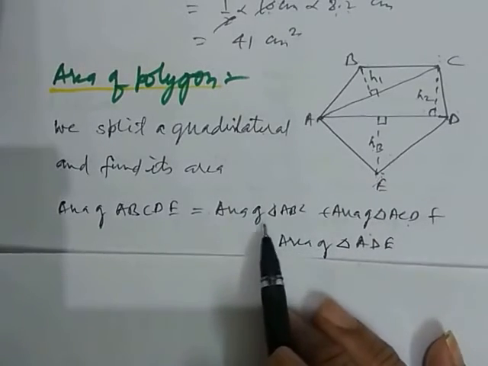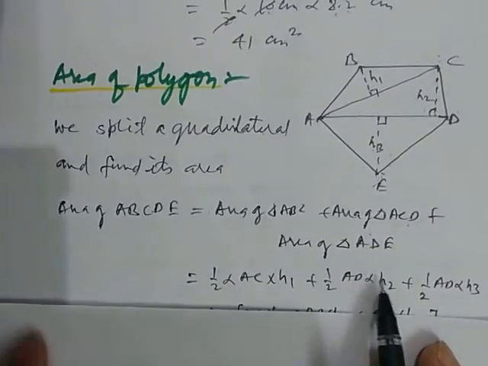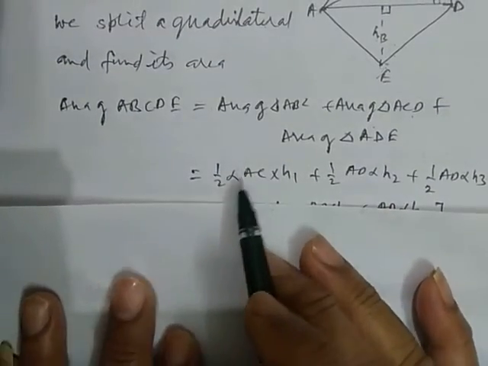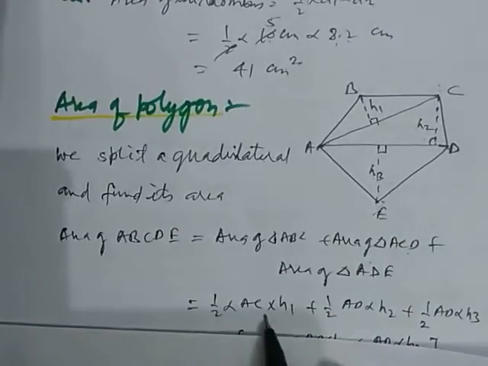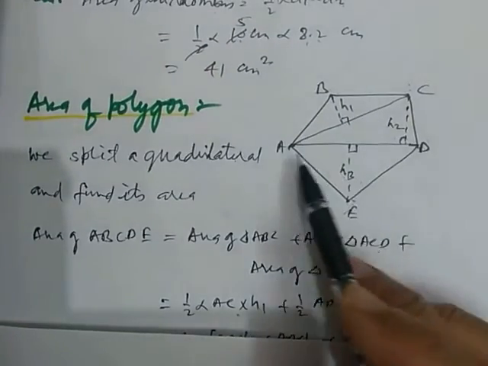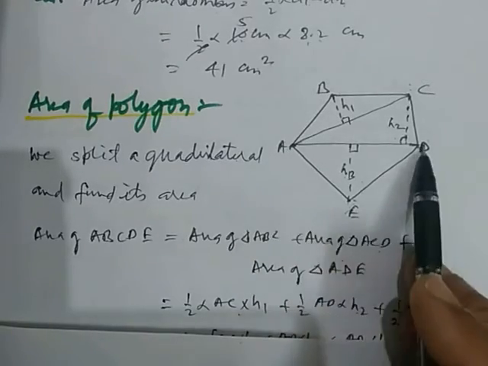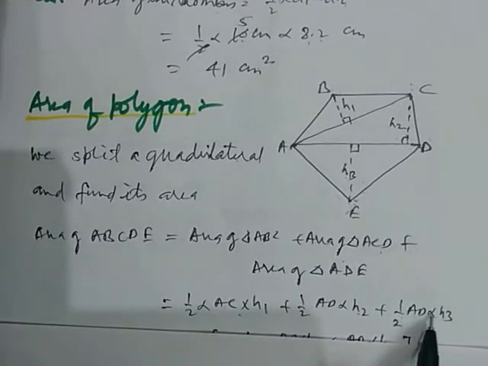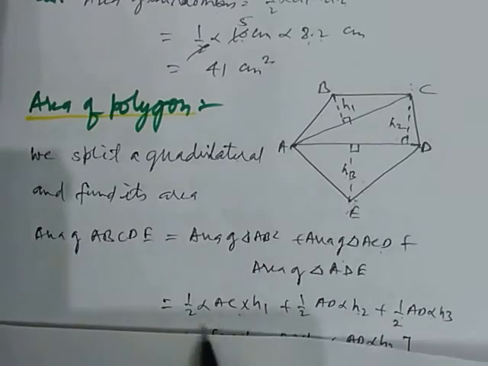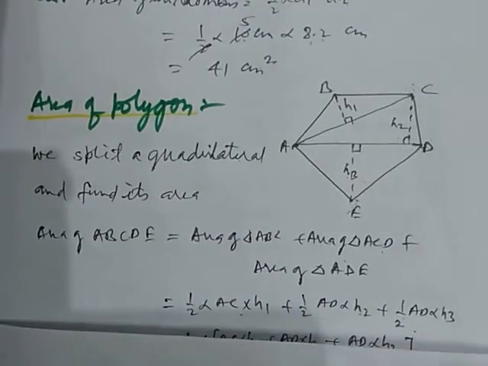So the areas of triangles ABC, ACD and ADE are given by half into AC into H1, half into AD into H2, and half into AD into H3. Each is half into base into height. This way we can calculate the area of all three triangles, and by adding them we get the area of ABCDE, which is a polygon.